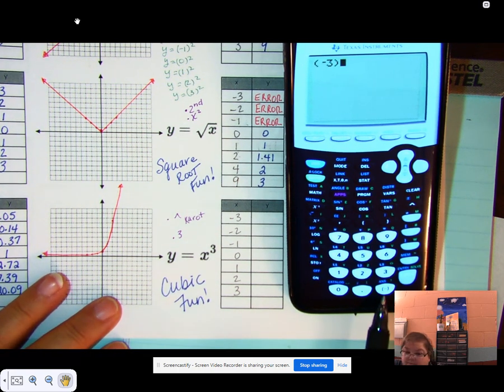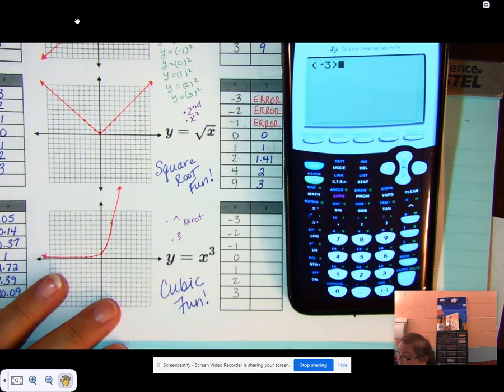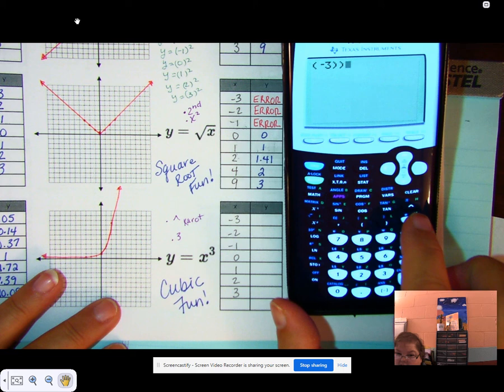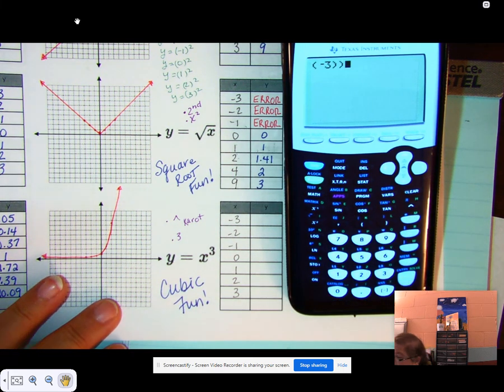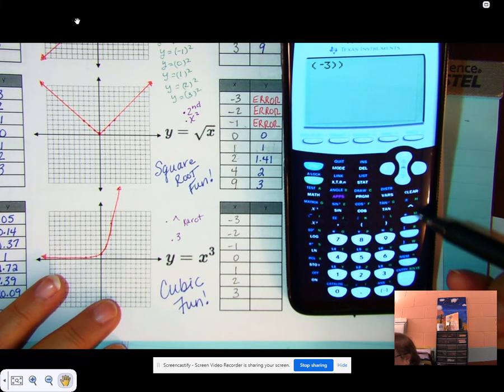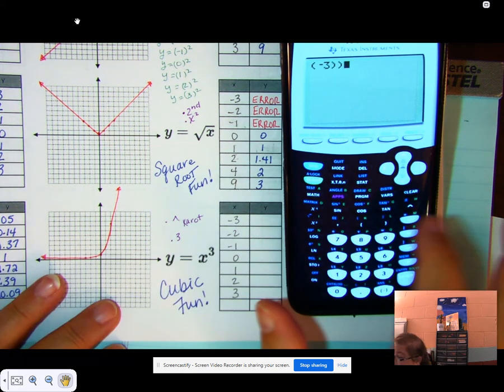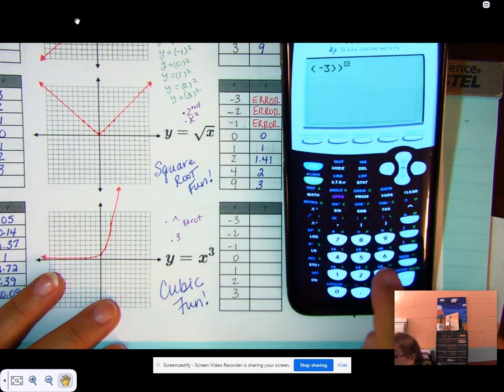This is negative. This is an operation of minus, but this is your negative button. Make sure you use negative. You're going to close that. Here's the caret. The caret is just right above that division. Okay, the button right above the division symbol. Raise it to the 3rd power.